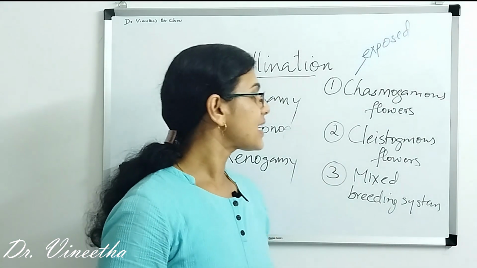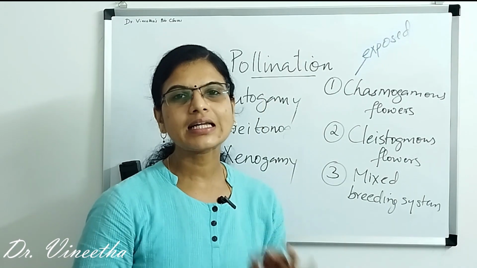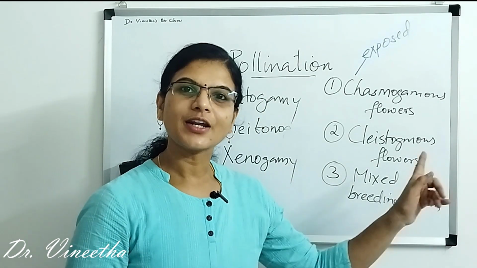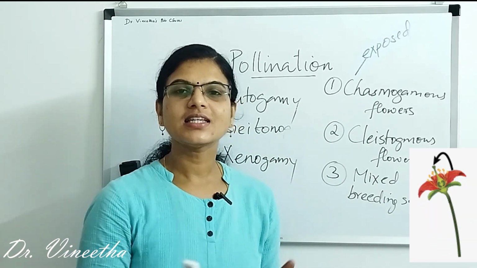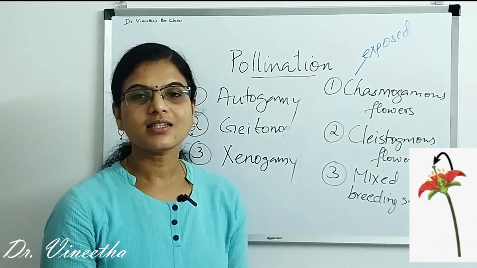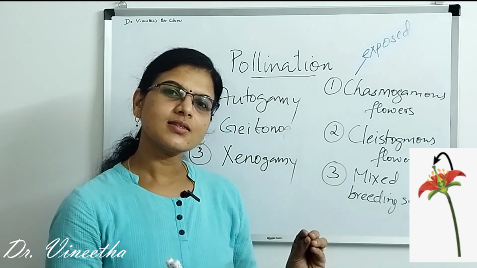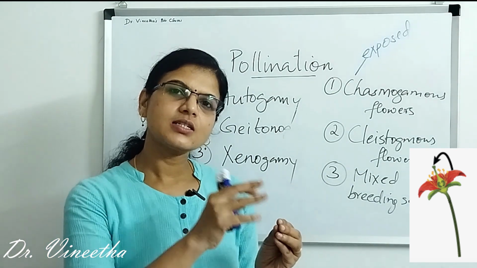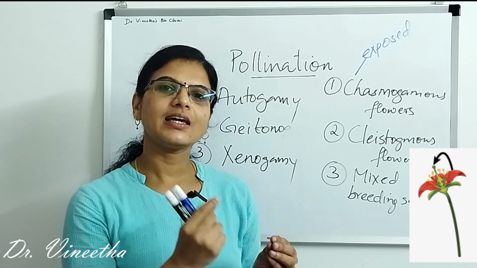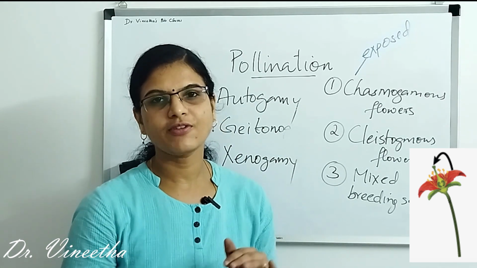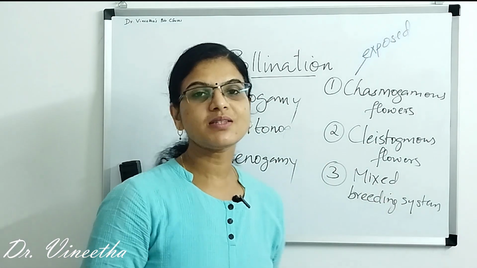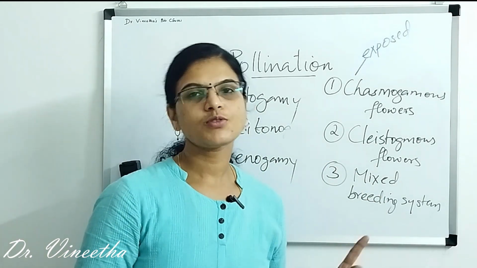And what is meant by Cleistogamous flowers? Cleistogamous flowers undergo autogamy. We saw that autogamy is self-fertilization, that is, the pollen grains of a flower pollinate the stigma of the very same flower. So Cleistogamous flowers are autogamous.